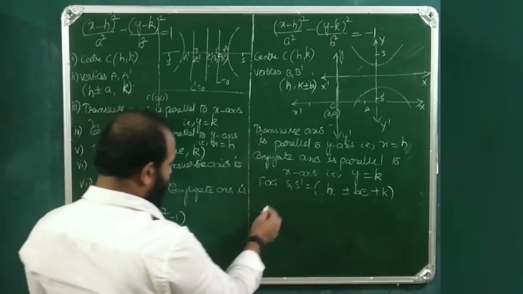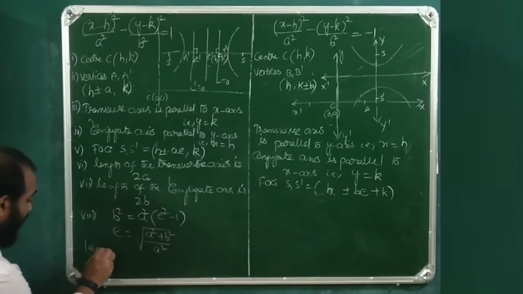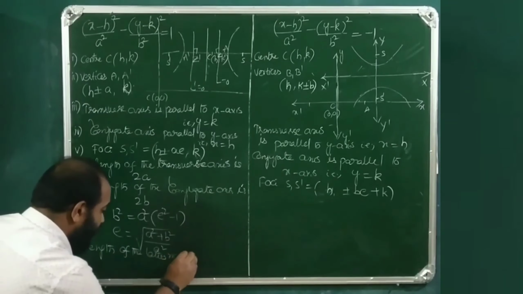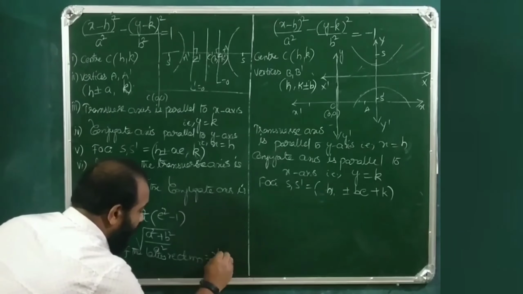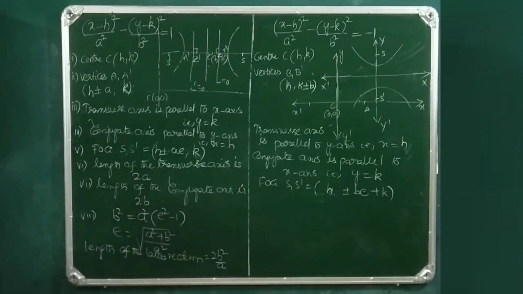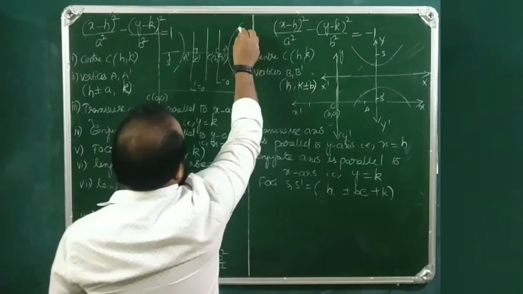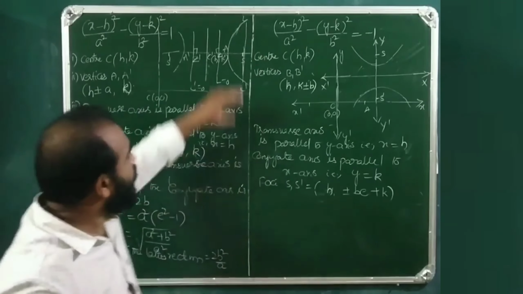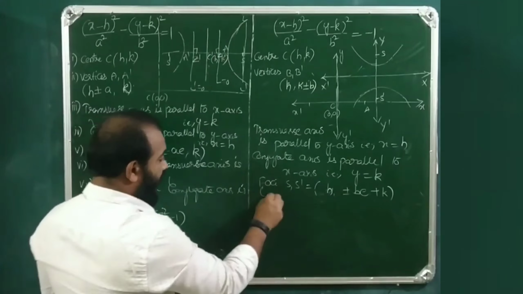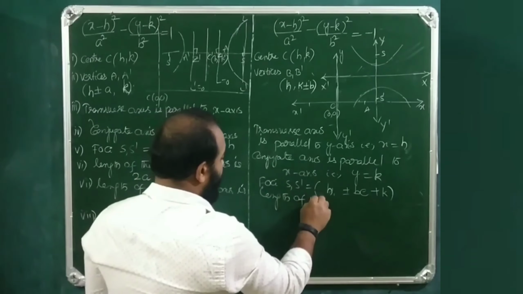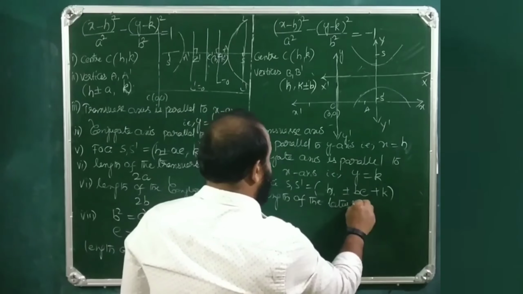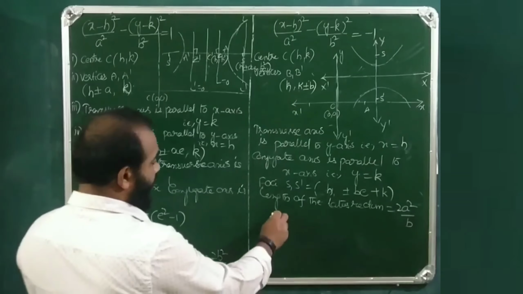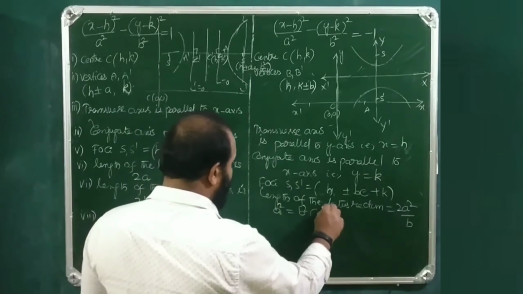And here the length of the latus rectum is 2B square by A. So this is B square by A, this is B square by A. Here A square is equals to B square into E square minus 1.